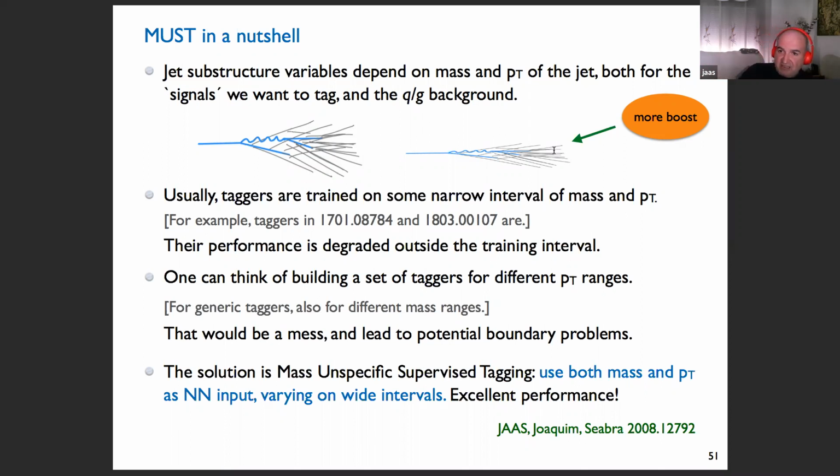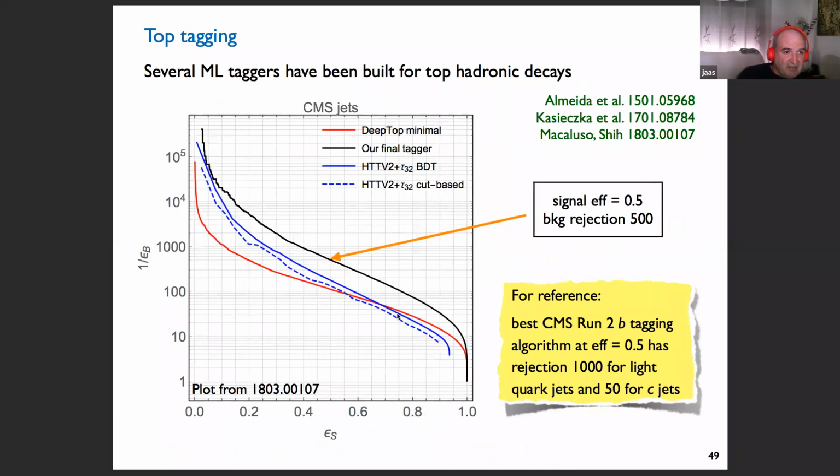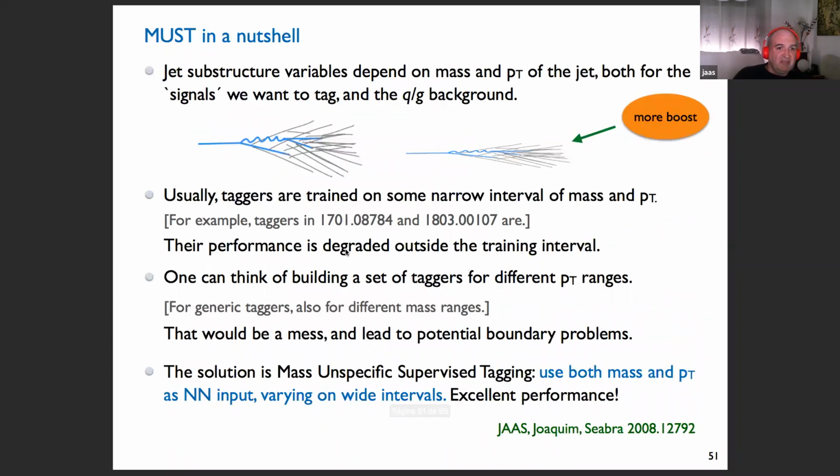Usually, the hadronic top taggers are trained on some narrow intervals for the mass and PT. These taggers, for instance, are neural networks trained on some narrow interval of mass and PT. If you apply these taggers outside this interval, the performance is, of course, degraded. You can do something which is to make 100 neural networks, each one for one interval, and then use these 100 neural networks in your data.